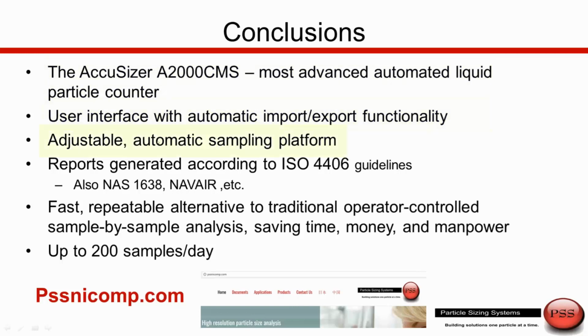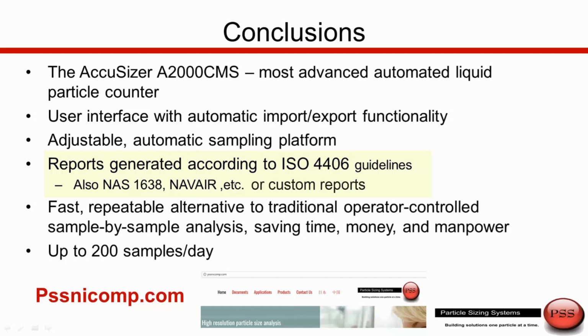The auto sampling platform is fairly easy to input the information of how we want to do the samples, and our report generation makes it easy to interpret the results, either following the guidelines in ISO 4406 or also other older contamination standards such as NAS 1638, NAVAIR, or others.